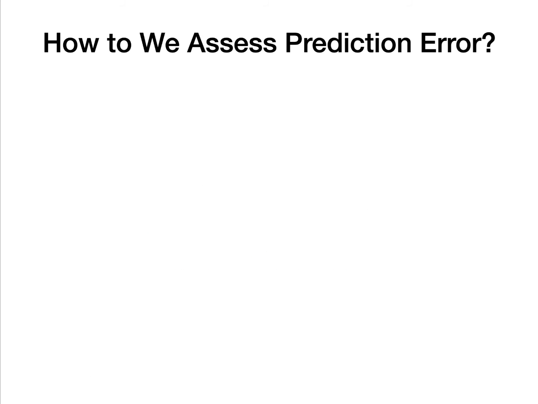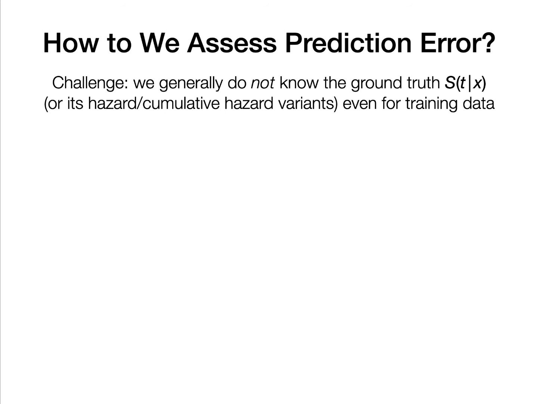The next thing I'll talk about is how we actually assess prediction error. The challenge is that even for our training data, we do not actually know what the ground truth S of t given x function is, or the hazard or cumulative hazard. So what do we do? The key idea is to realize that the Cox model is ranking patients.